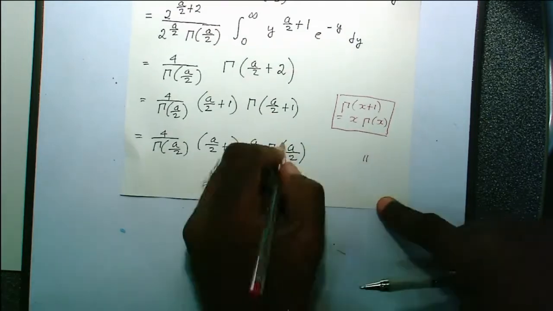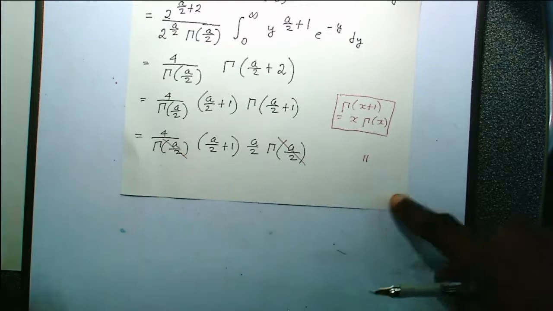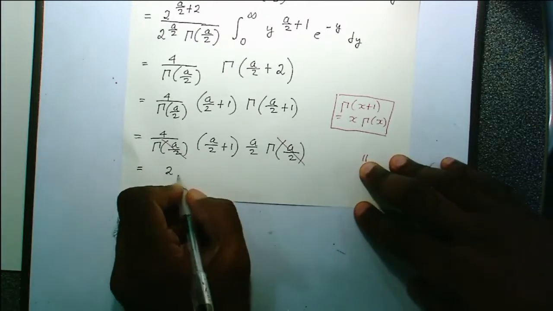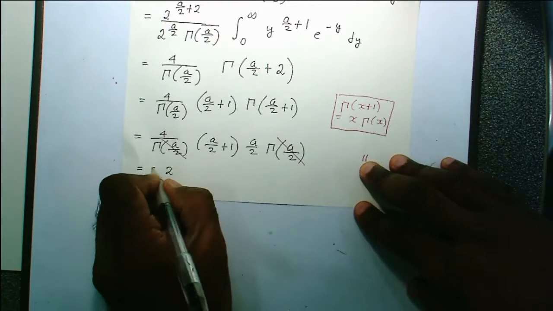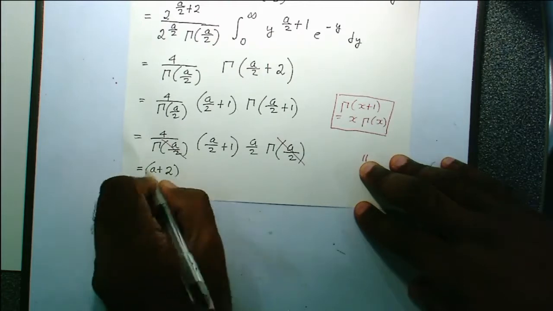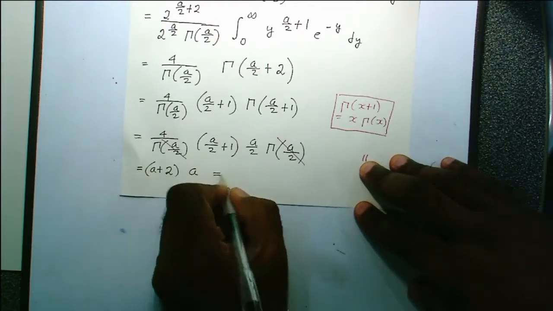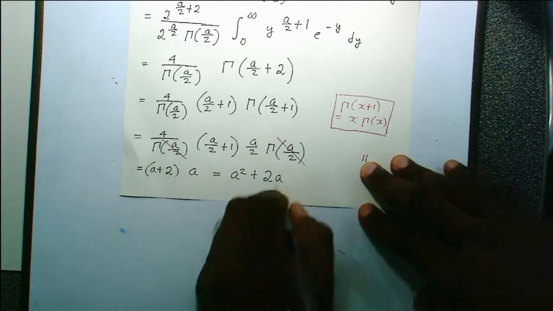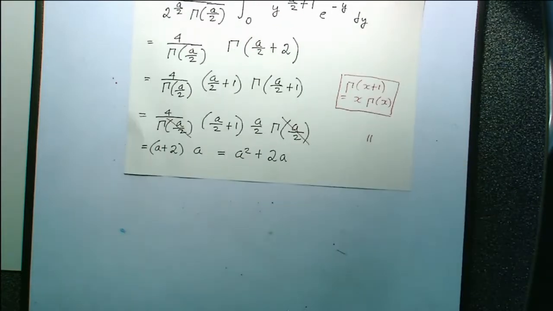And these two guys cancel out, right? So what you get is a plus 2 times a, which is a squared plus 2a, right? So we have shown that the expectation of x power 2 is a squared plus 2a.